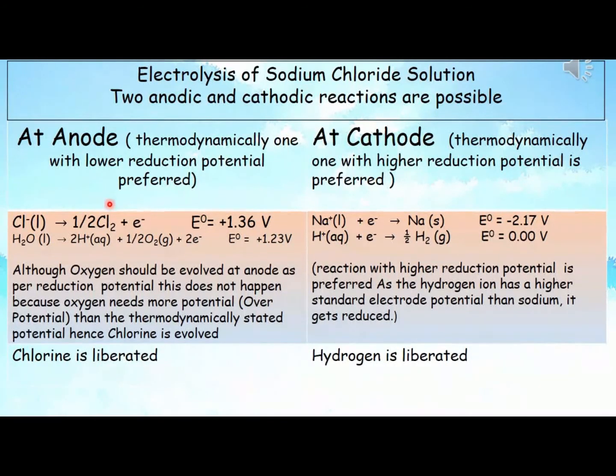So thermodynamically, the one with lower reduction potential will have the preference to be oxidized. At cathode, since reduction takes place and our electrode potentials are reduction electrode potentials, the one with higher reduction potential will be preferred.